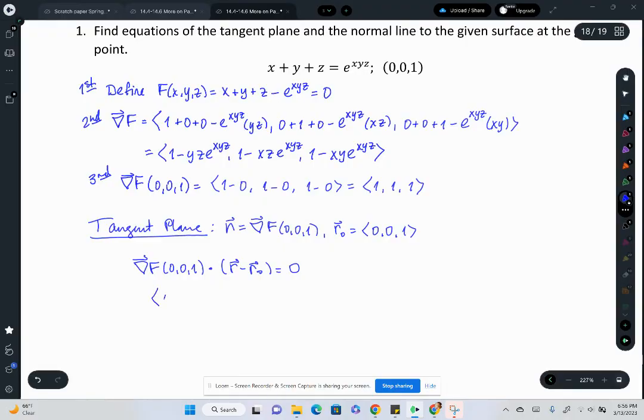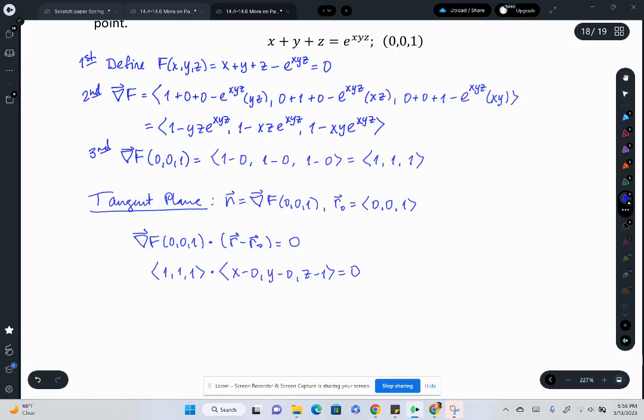The gradient vector is 1, 1, 1, and r minus r naught is a vector with components x minus 0, y minus 0, z minus 1. This is all equal to 0. I do my dot product by multiplying the like components and adding everything, and I get x plus y plus z minus 1 is equal to 0. And that's it. That's my tangent plane.